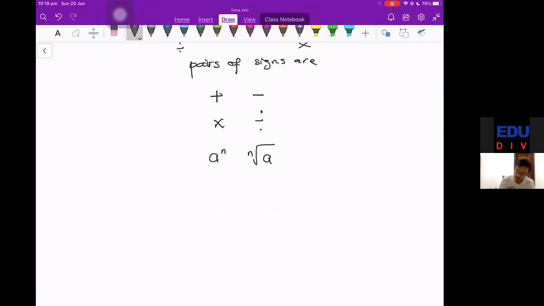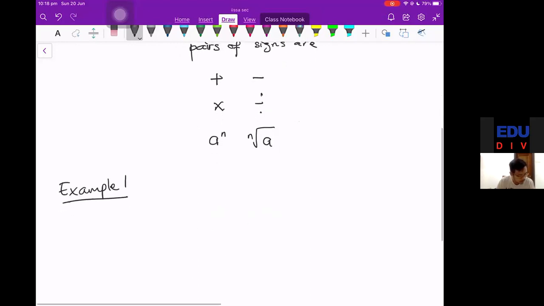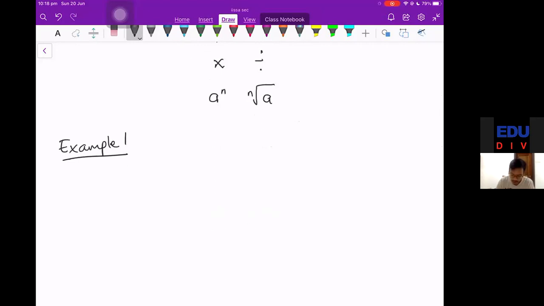Let me do an example of a formula. Example number 1. Let's say we have x squared plus y squared equals h squared. This is actually an equation for a circle.